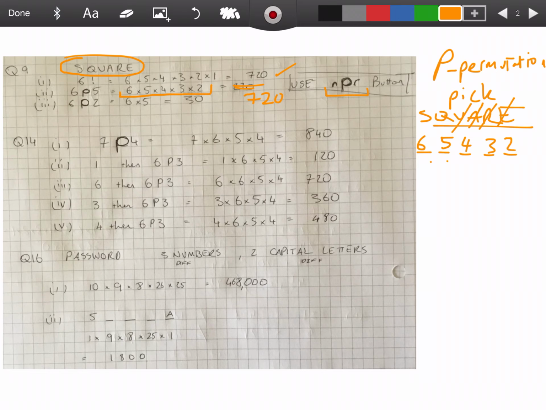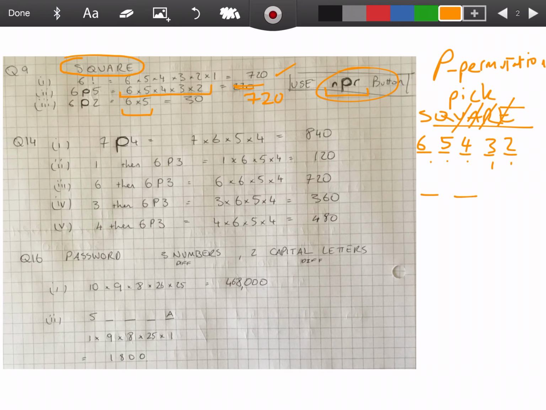So that's why I've got 6 by 5 by 4 by 3 by 2. Okay, so there's the amount of spots. So you can use that nPr button again. You have to use shift or your second function to get it on your Casio or your Sharp. And in part 3 it asks for taking letters 2 at a time. Okay, so it's 6 by 5 in that case. 30 different ways we can do that.